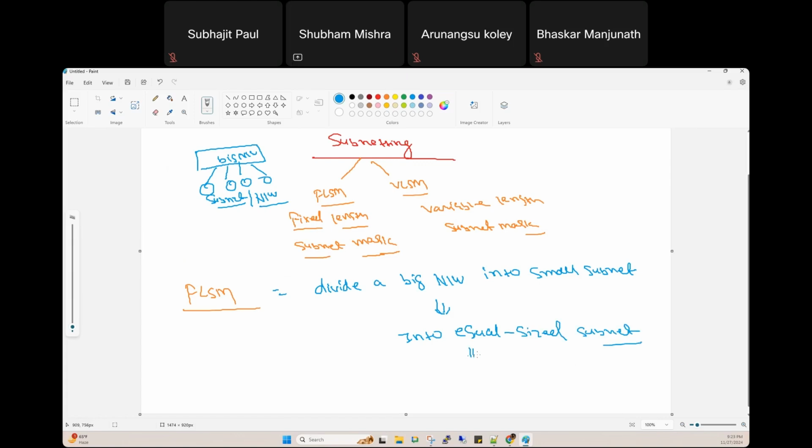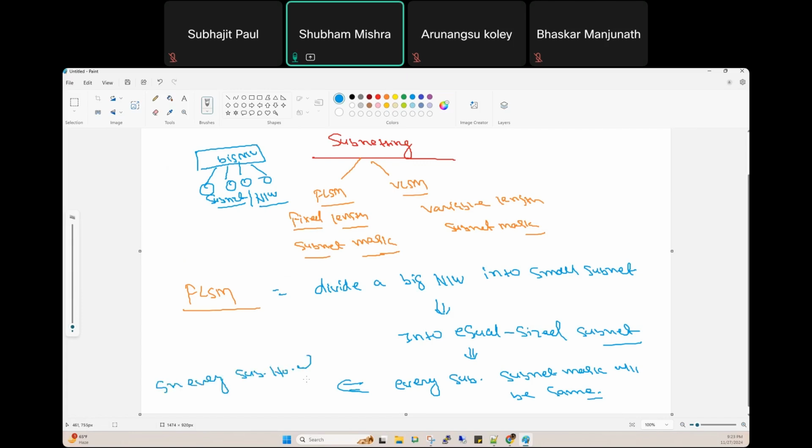It means for every subnet, the subnet mask will be the same. If the subnet mask is the same, it means in every subnet the number of IPs will be the same, even the number of usable IPs, or usable host addresses, will be the same.